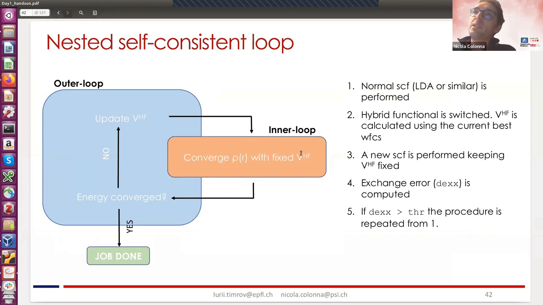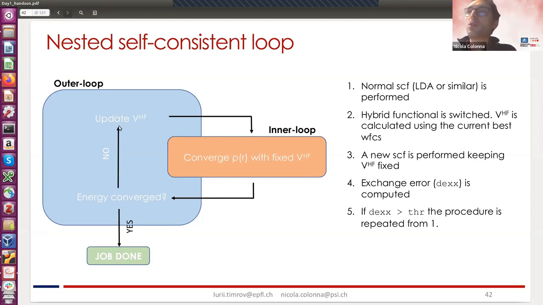So the way it's implemented in Quantum Espresso is via a so-called nested loop, where essentially you have an outer loop where you do a standard SCF calculation. So you fix the exact exchange potential using some best guess for it. And you do a standard SCF calculation where this piece in the Hamiltonian is kept fixed.